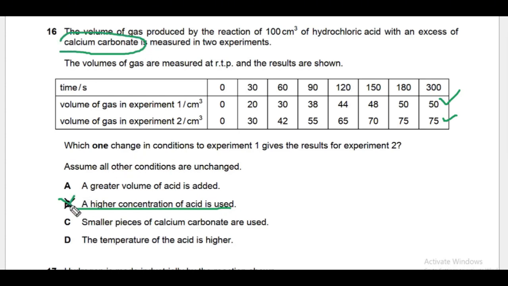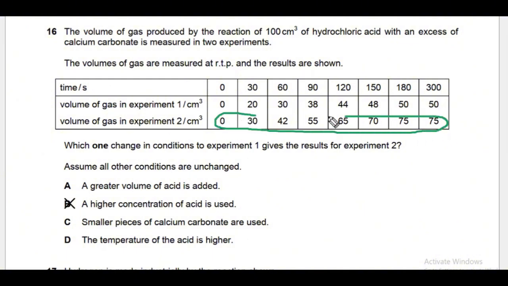So the answer is B. With a higher concentration of acid, more calcium carbonate will react and the volume of gas will be more. If in experiment 1 you use more concentrated hydrochloric acid, then you will get the experiment 2 result. That means more volume of gas will be produced.